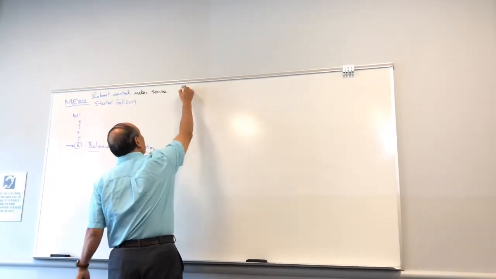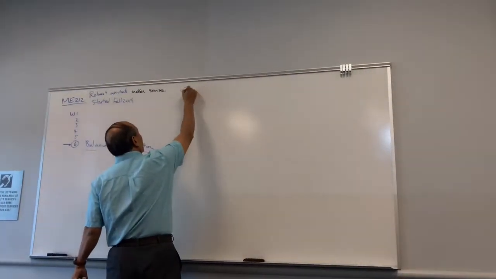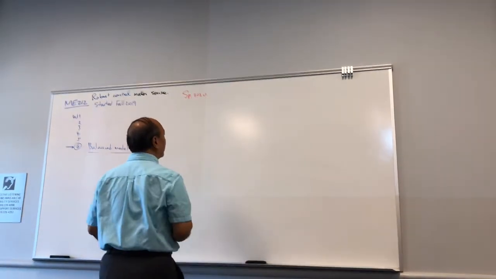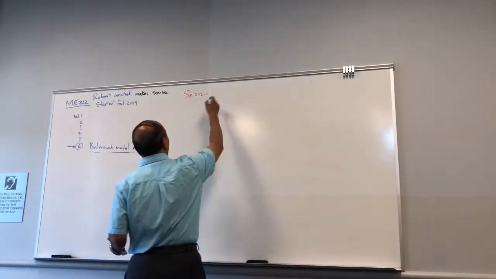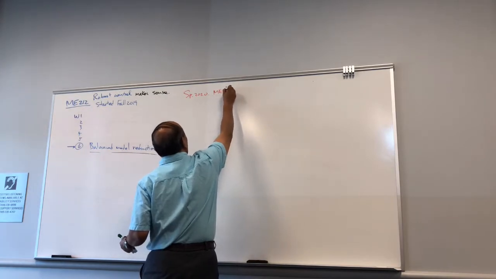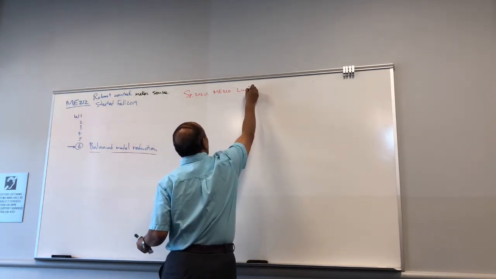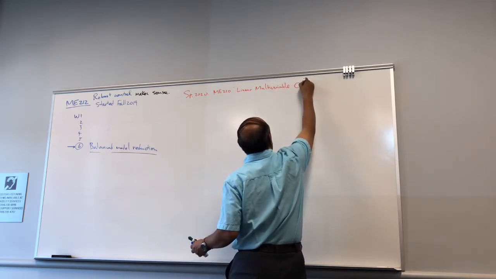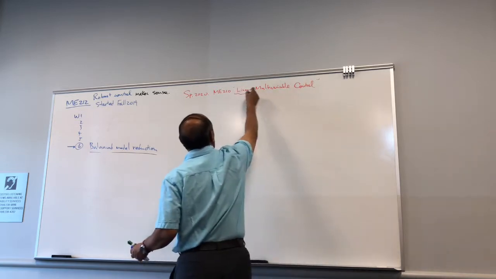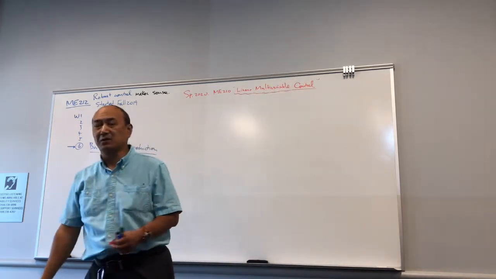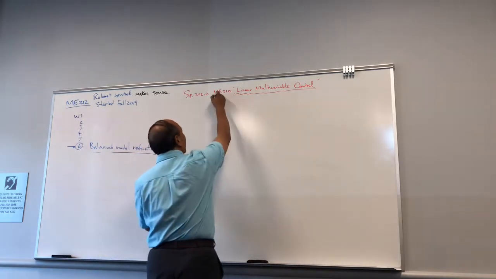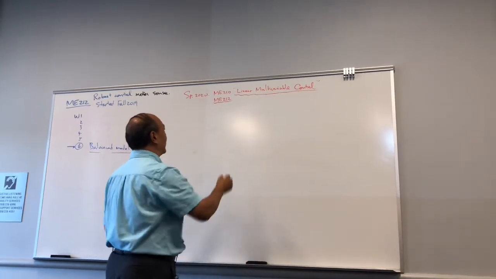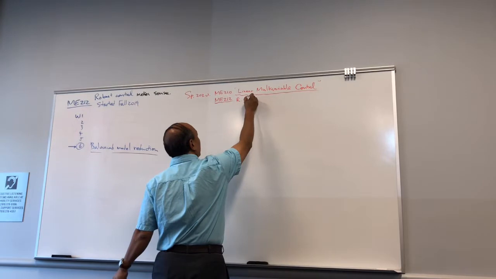Starting from the spring of 2020, we are going to have ME212 linear multivariable control. This course is a much more detailed course. It's supposed to be a prerequisite course for ME212, that's robust and optimal control.